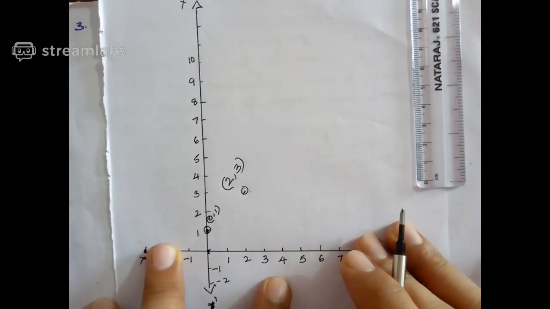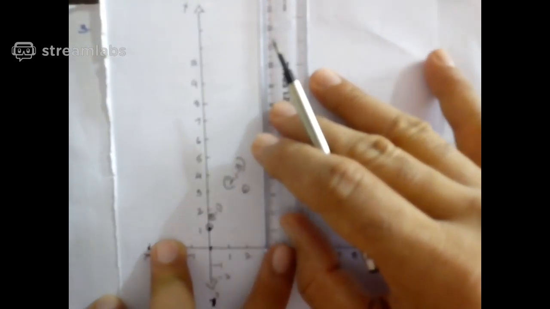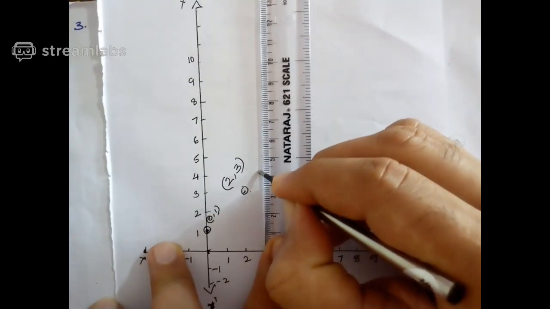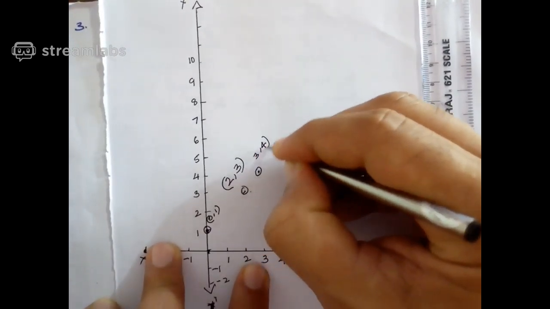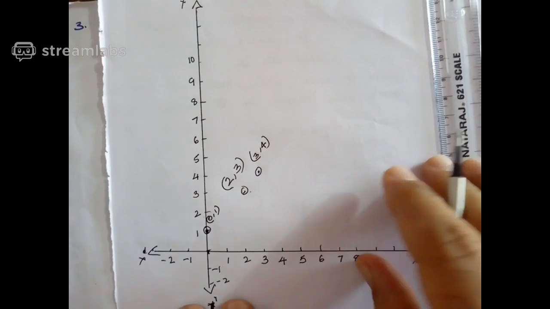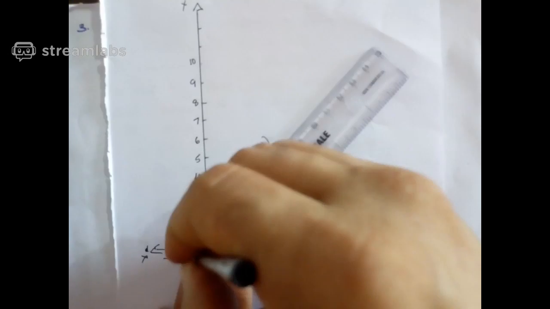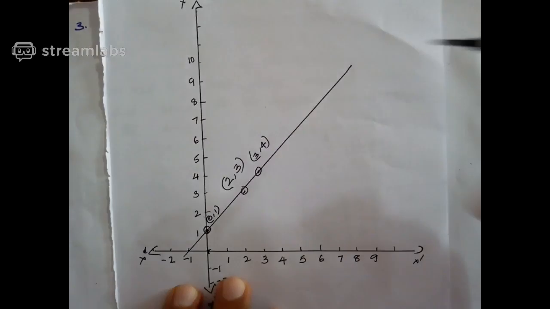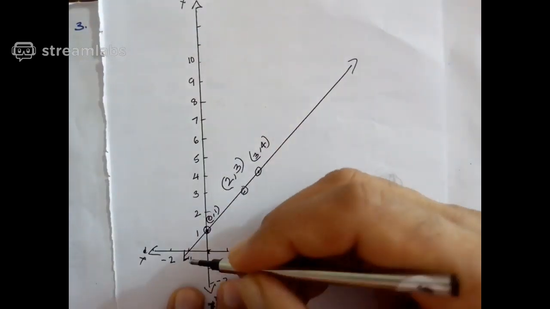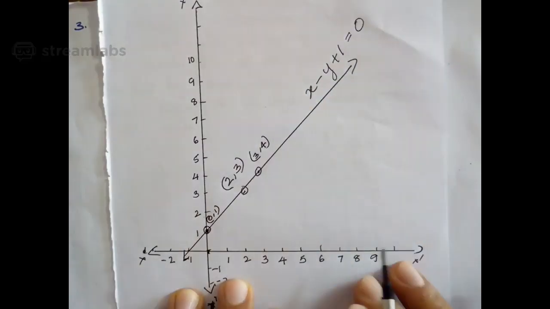Then what? 3, comma 4. Then join this line. It's a straight line. This is the line for the equation x minus y plus 1 is 0.